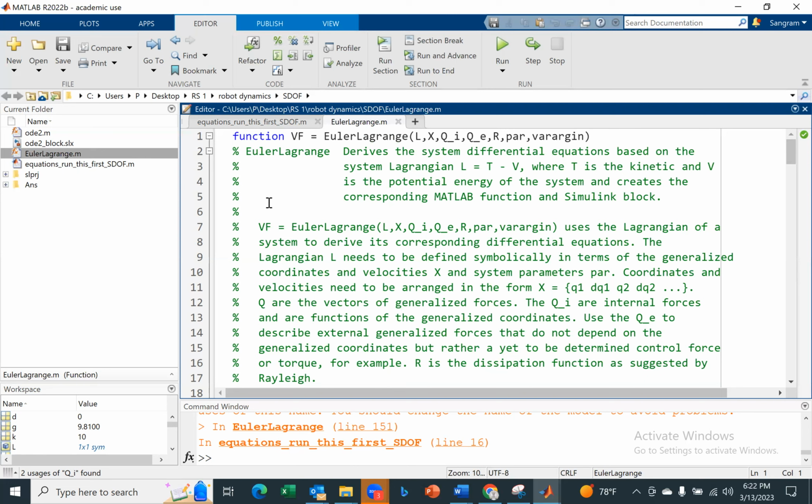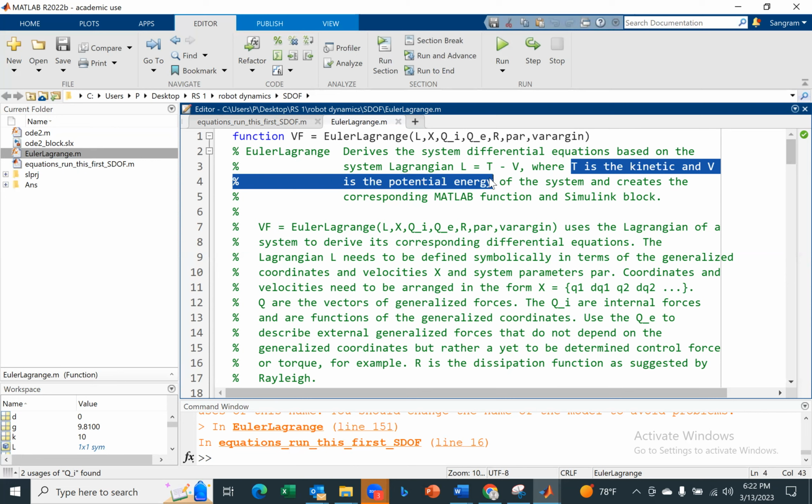The first few lines give you the script. It also talks about the format of the function. So it derives the system differential equation based on the system Lagrangian, L is equal to T minus V, where T is the kinetic and V is the potential energy of the system.